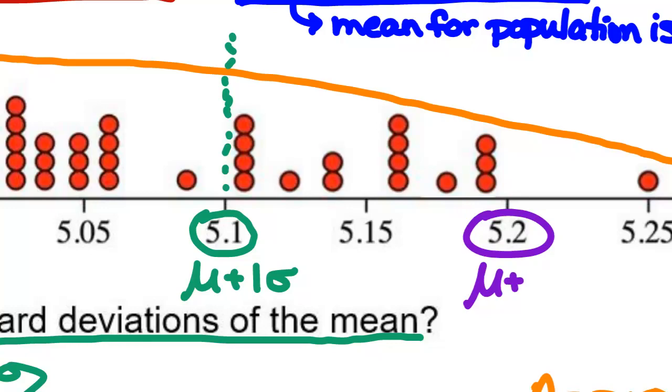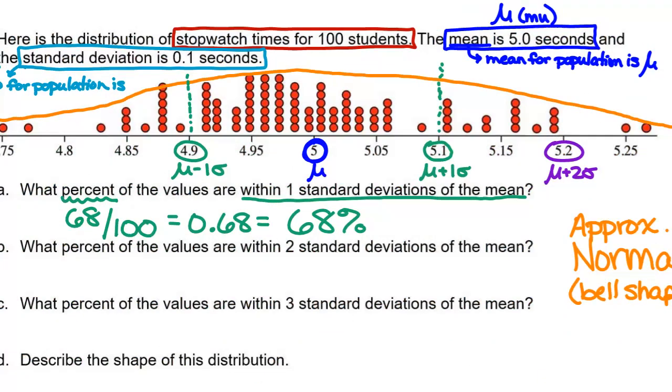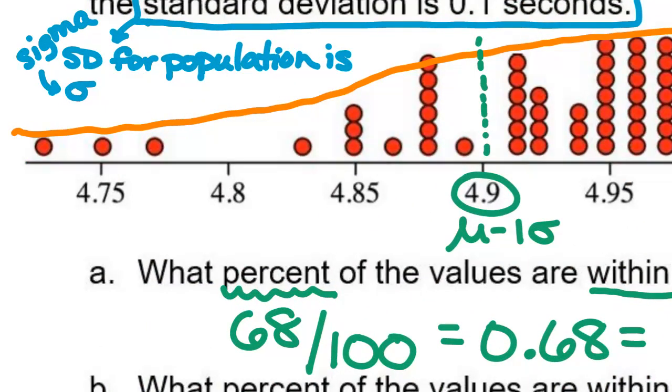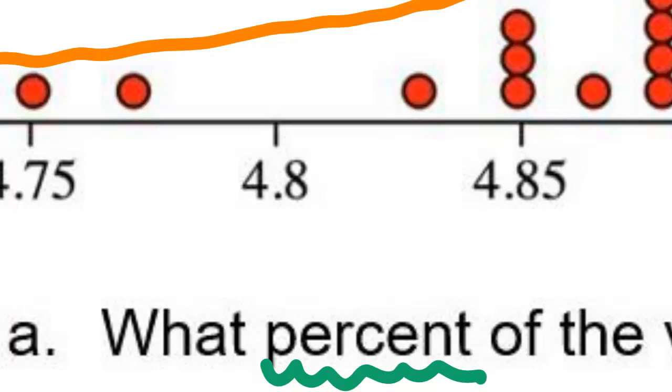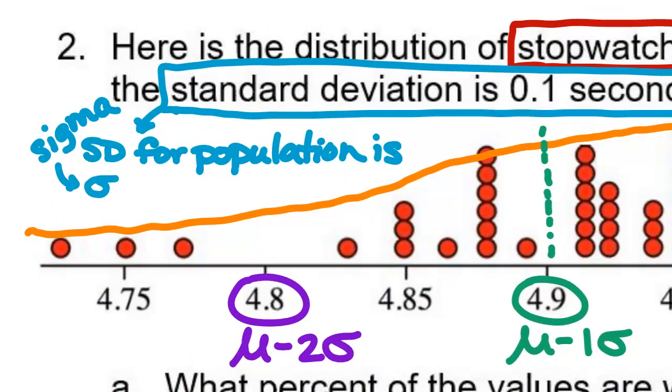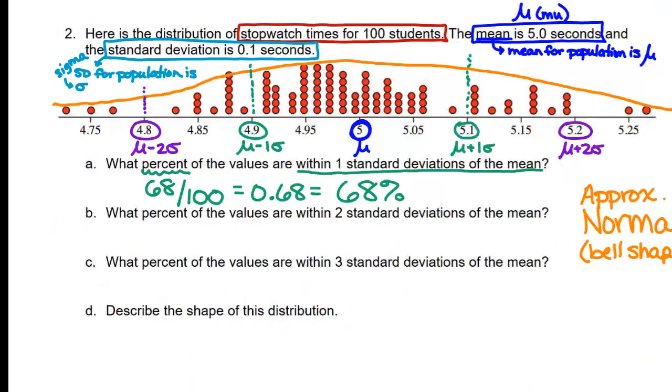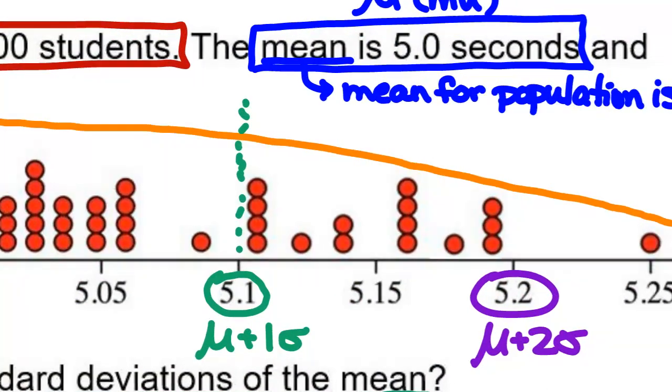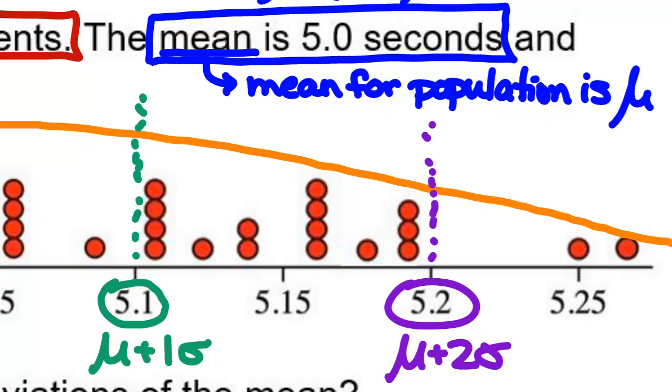This is my mean plus 2 standard deviations. What about below the mean? 4.8. This would be my mean minus 2 standard deviations. So now I'm going to make fences here and here.